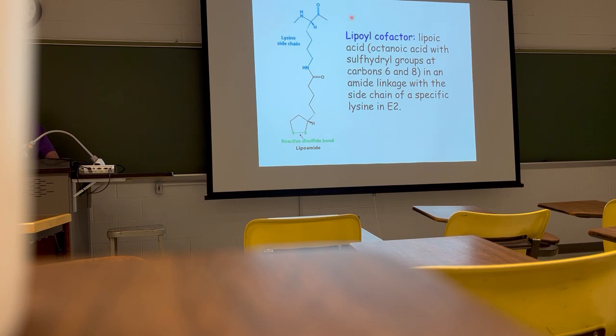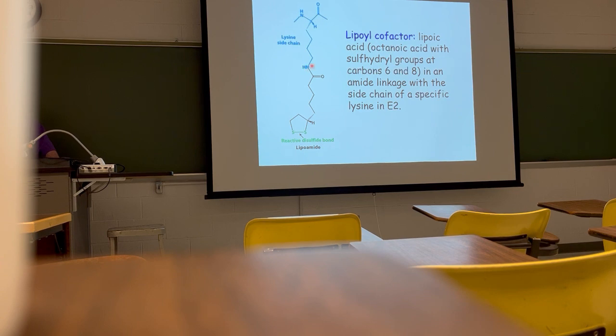So here's the polypeptide of enzyme 2. It has a lysine in it, and it's a specific lysine in the sequence. And this carboxyl group forms an amide bond with the amine in the nitrogen at the end of the lysine side chain. And now we have this organic group hanging off of enzyme 2 with this disulfide bond.